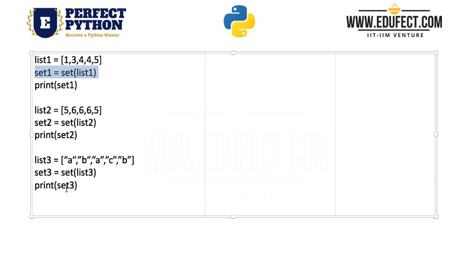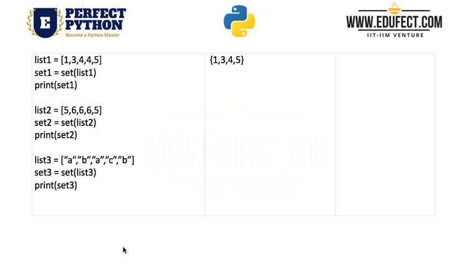Now when we do it, a set is created, and when we print set1, what will get printed on the screen is the set, which will be 1, 3, 4, 5. So typically a set is shown with these curly braces, whereas the lists had these square brackets. So this is the set which gets created, and we can notice that there are no duplicates in this set. Remember, this is in any order, so order is not maintained in a set.